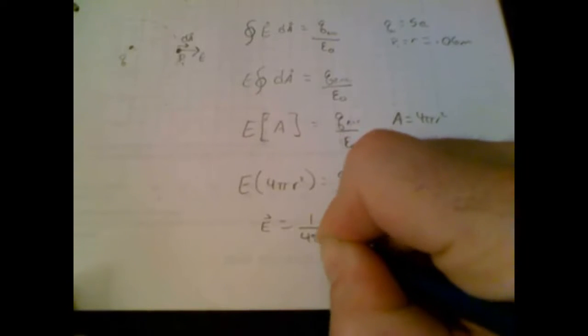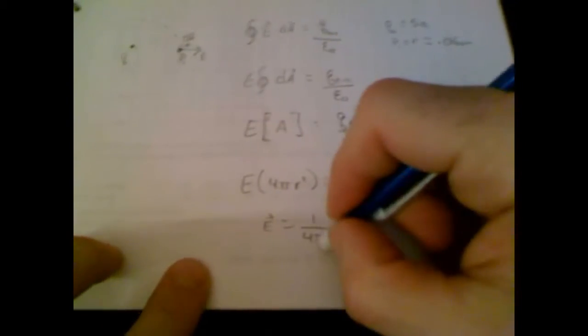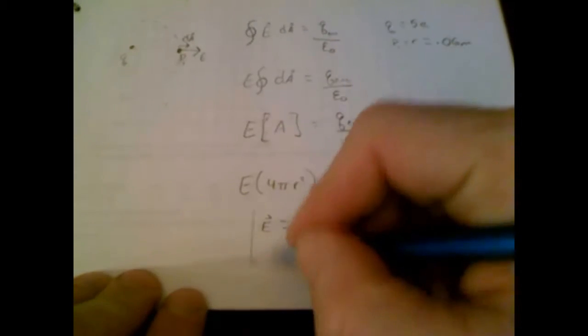That means my electric field at point P is equal to 1 over 4 pi epsilon naught times Q enclosed over r squared. I just got into the habit of writing out what we know. If I switch that, Q over 4 pi r squared epsilon naught, that's something we've seen before. That is my general solution.